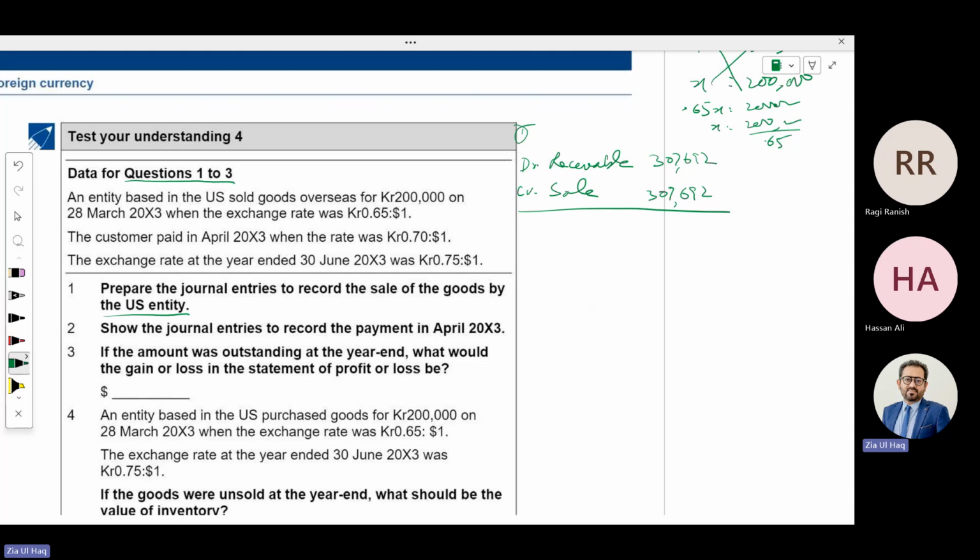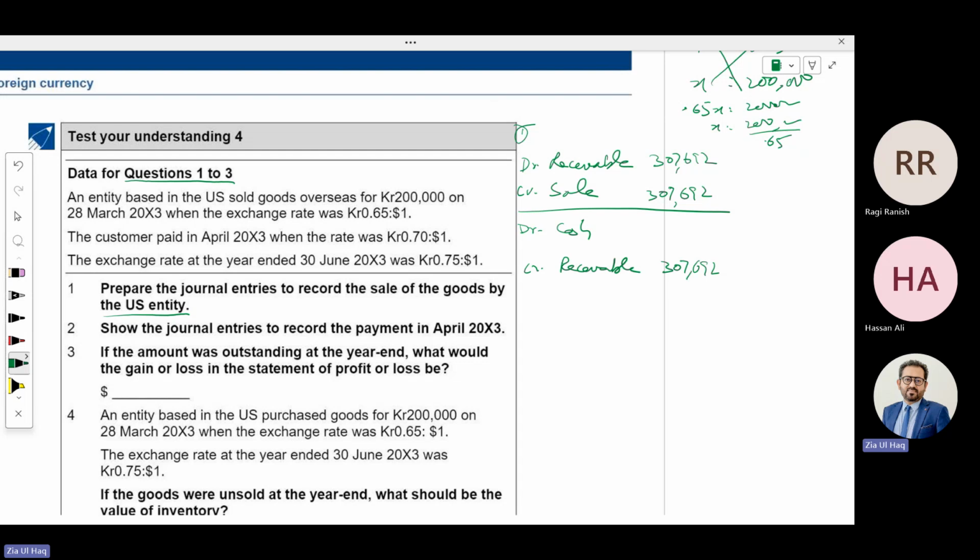Number 2, show the journal entries to record the payment in April 20x3. The rate is 0.70. How much are you receiving? Receiving or paying? Receiving. So cash will be debit. Receivable will be credit with the same amount 307,692 to eliminate it.